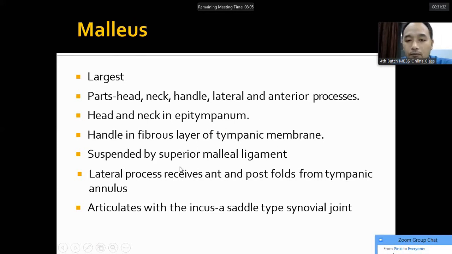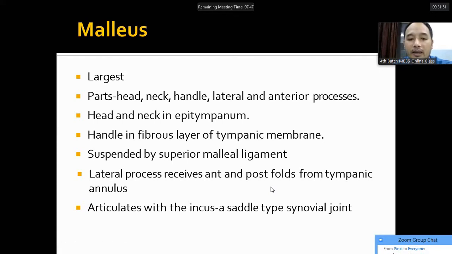Now, this Malleus is suspended by suspensory ligaments. Superiorly it is attached to the roof with the superior malleal ligament, anteriorly with the anterior malleal ligament. The lateral process and anterior process receive the folds from the tympanic annulus.